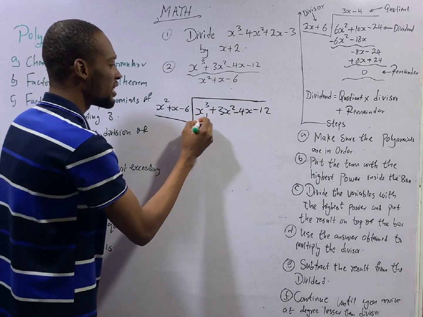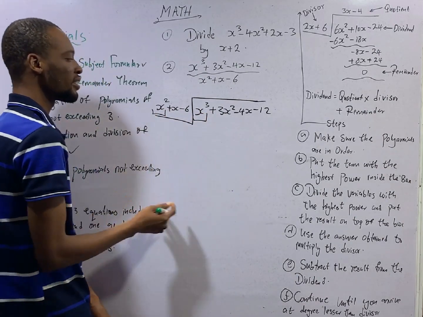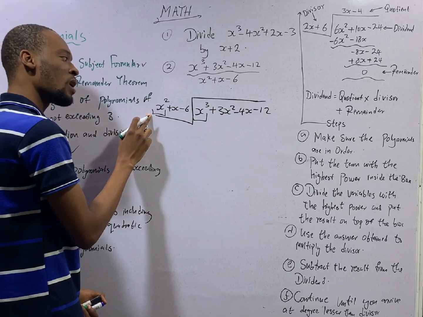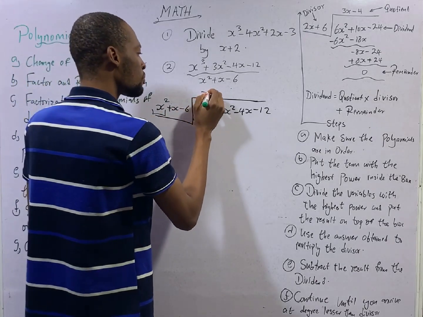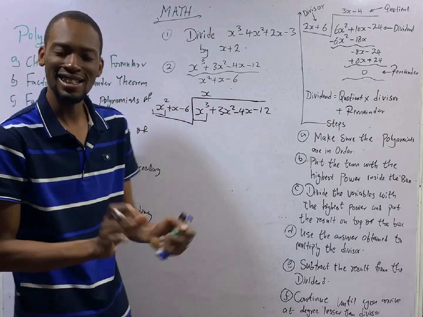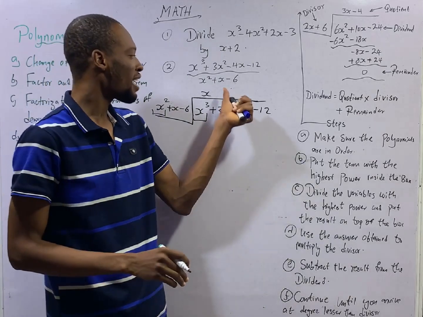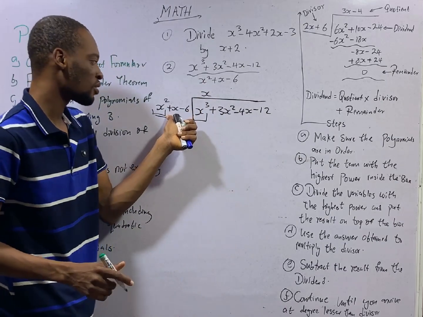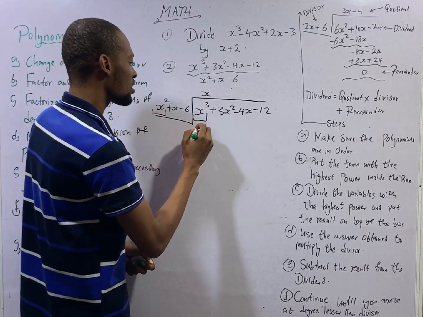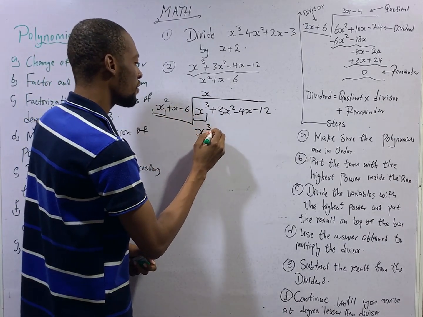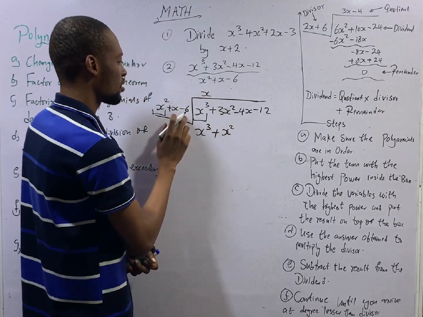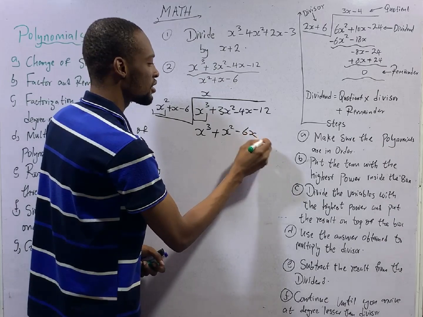We pick the first one here, and we pick the first one here. s raised to the power of 3 divided by s raised to the power of 2 is s raised to the power of 1, or we simply say s. We have one quotient. We use the quotient to multiply the divisor to have s times s squared, s raised to the power of 3, plus s squared minus 6s.